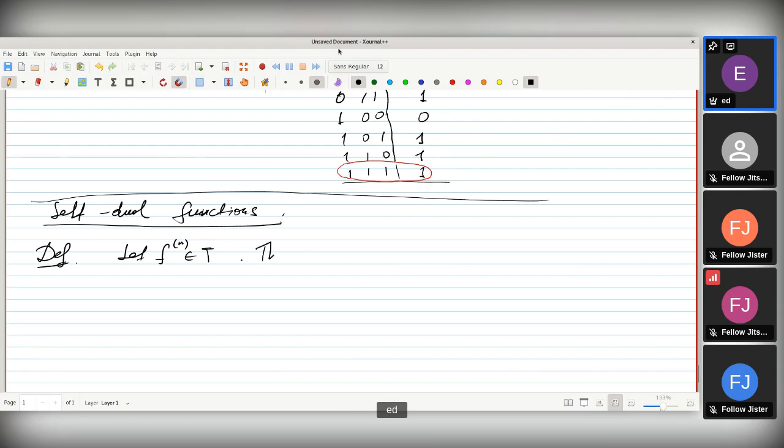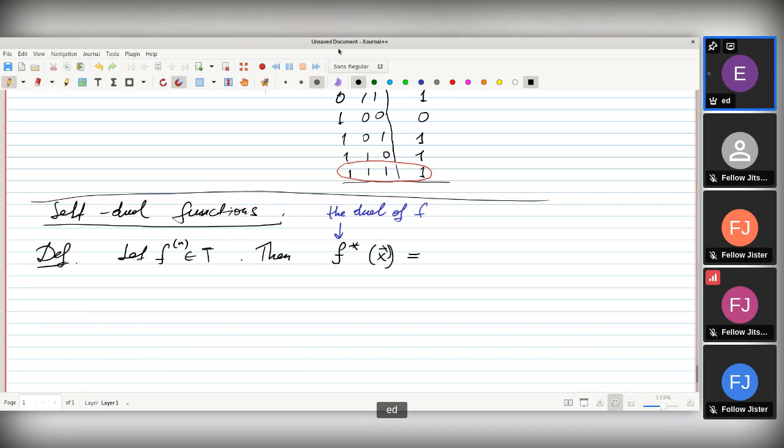Then we define the dual of f, that is f with this star. This function is defined the following way.